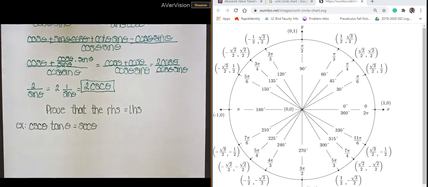We want to prove that cosecant theta times tangent theta is equal to secant theta. When we do this, we pick one side and try to get it to look like the other side.